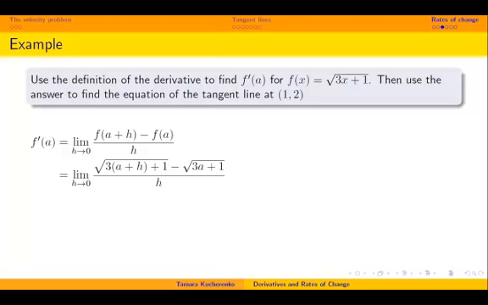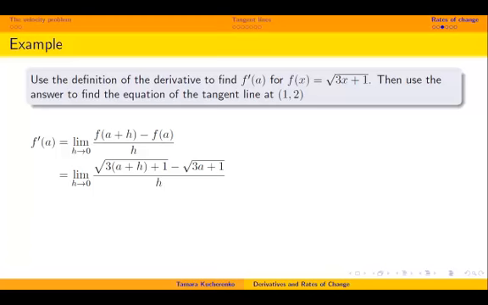At this point, our goal is to compute this particular limit, and we will utilize the techniques of evaluating limits we learned so far. We try to substitute h equals 0 and obtain an indeterminate expression 0 over 0. The next step is to simplify and cancel.